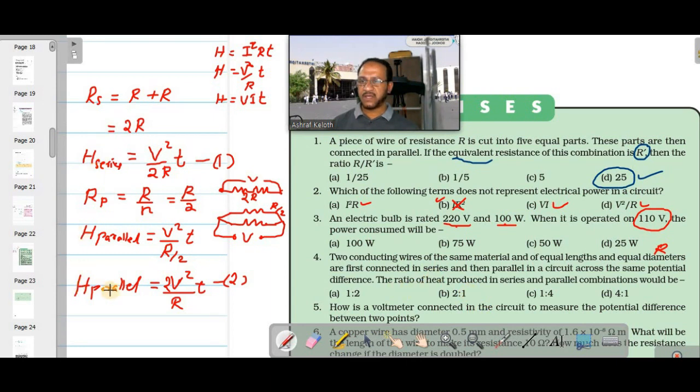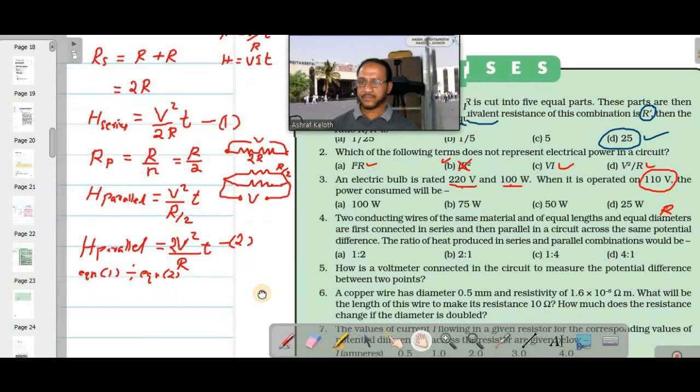Then what is the question here? The ratio of heat produced in series and parallel, means we have to divide equation 1 by 2. Heat in series divided by heat in parallel, means equation 1 divided by equation 2.